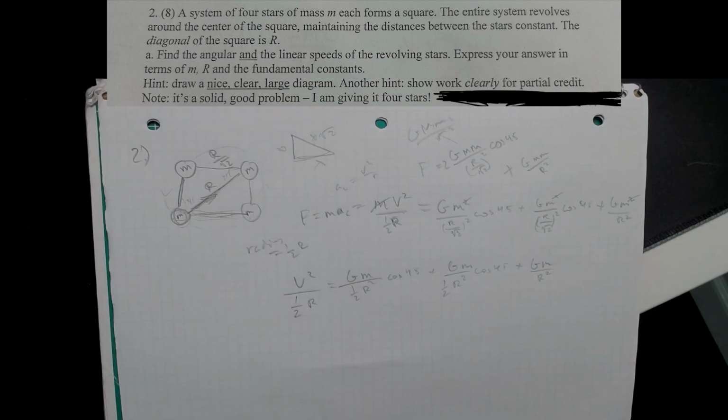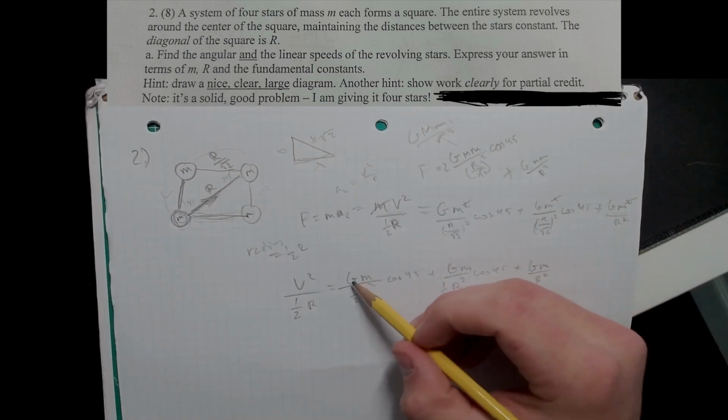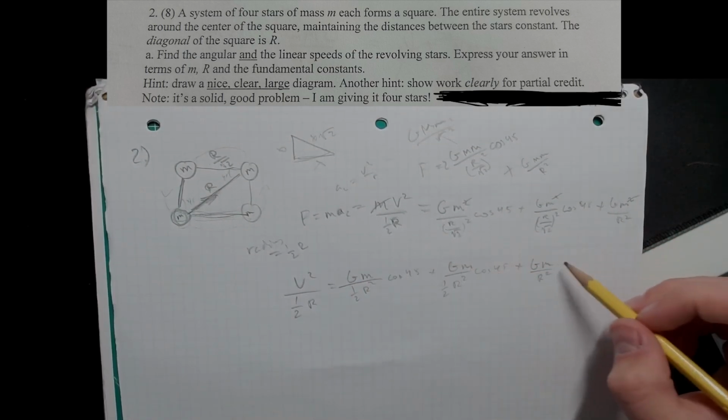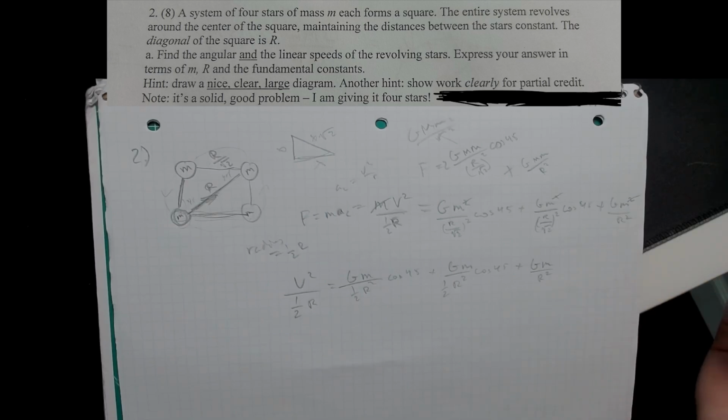we can write this out again in a different way. Here we have G m over r, G m over r, G m over r in everything.